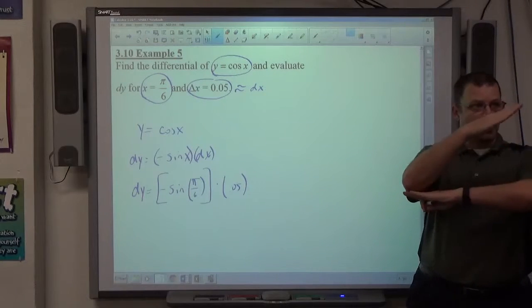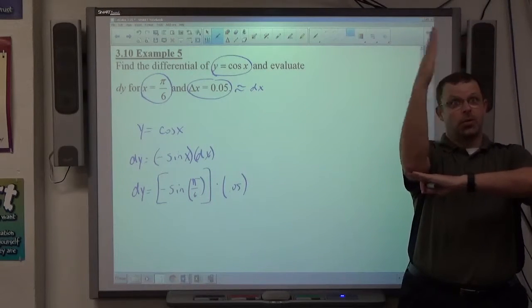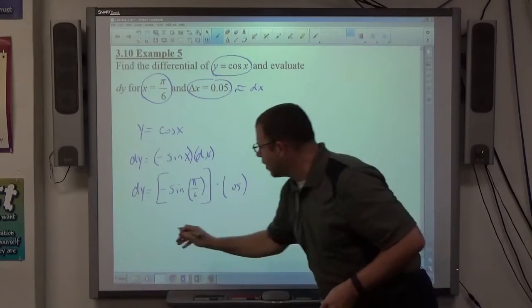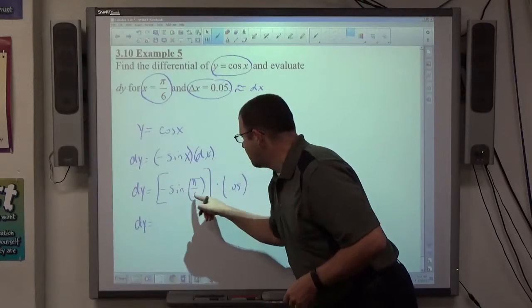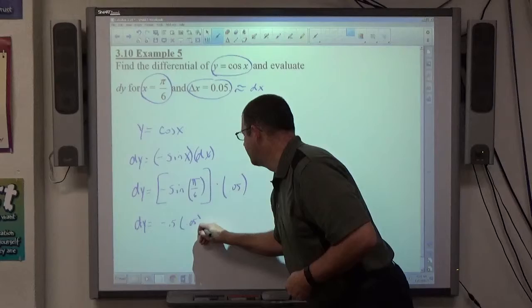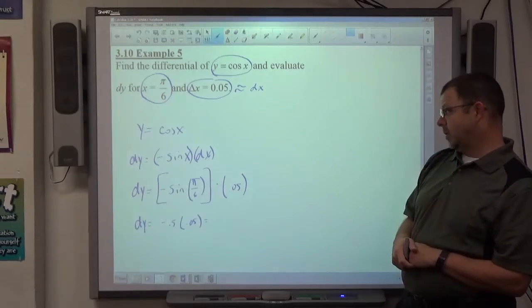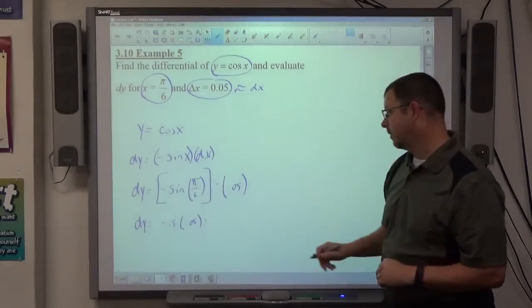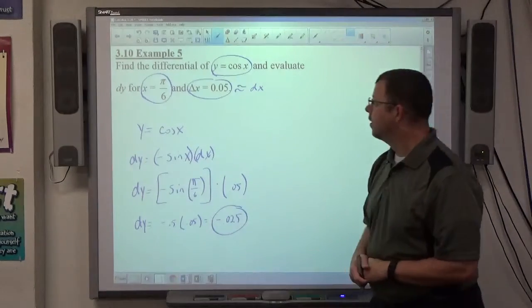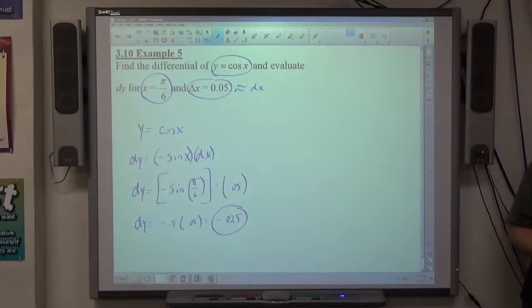Very good. It's one step above 0. 0, 1/2, square root of 2 over 2, square root of 3 over 2, 1. Remember that? Our little unit circle deal? Alright. So, sine of pi over 6 is 1/2. That's negative 0.5 times 0.05. That comes out to negative 0.025. So dy is equal to negative 0.025.